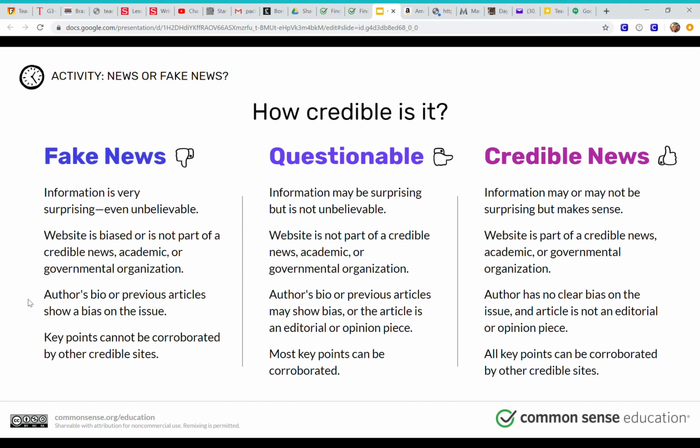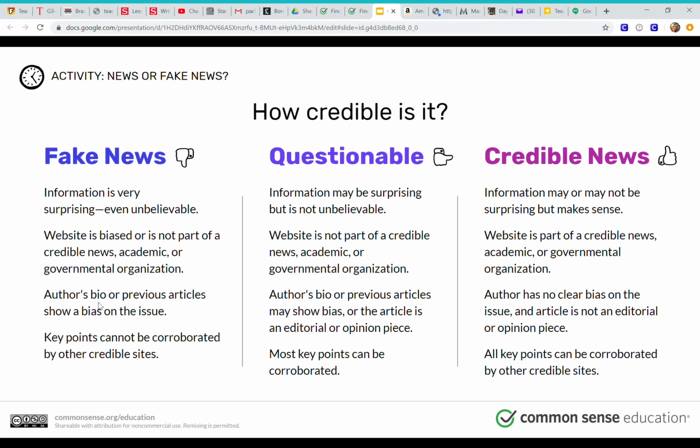Same thing about author's bio or previous articles show a bias on the issue. So if I sent you an article that said why the Houston Texans are the worst team in NFL history, and you looked at the author's bio, and the author's bio said, maybe James Carl, ex Dallas Cowboys news reporter and world's biggest Dallas Cowboys fan.